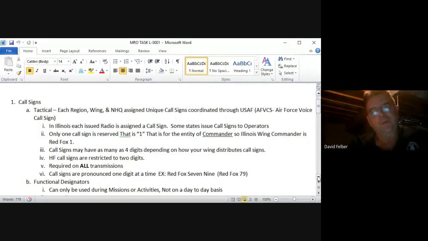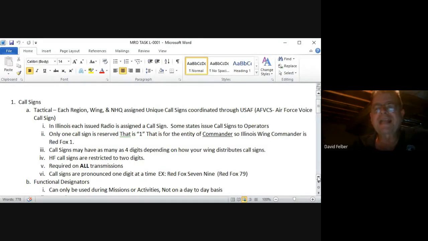So what you'll hear with call signs, a two-digit call sign like mine, Red Fox 9 or 8, is assigned to an HF radio. Any HF station has a two-digit call sign. If you hear a three-digit call sign like Red Fox 270, Red Fox 310, that's assigned to a VHF radio.